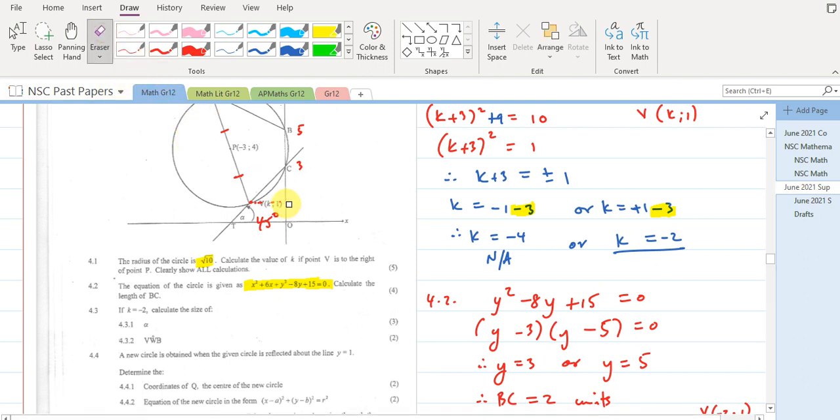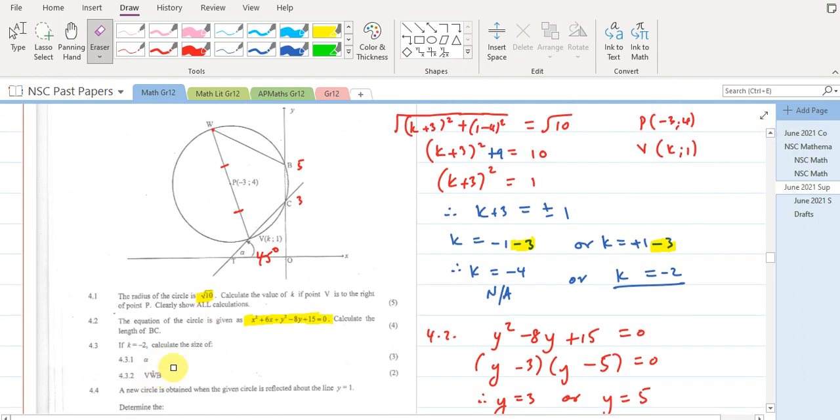Now the next one is VWB. How are you going to find the angle VWB? In other words, we want to go and find that angle over there. How can we go and find that angle?